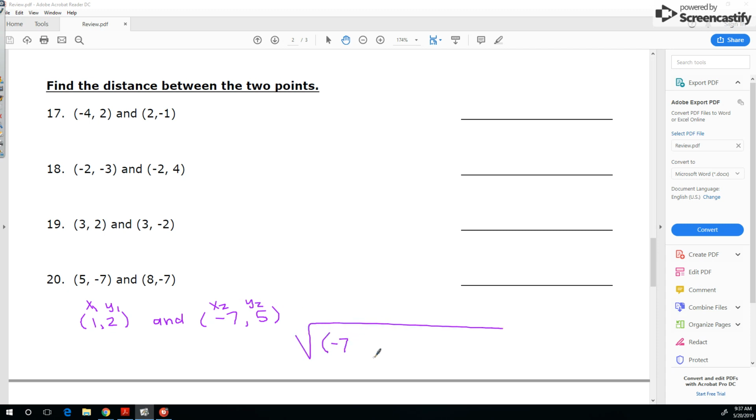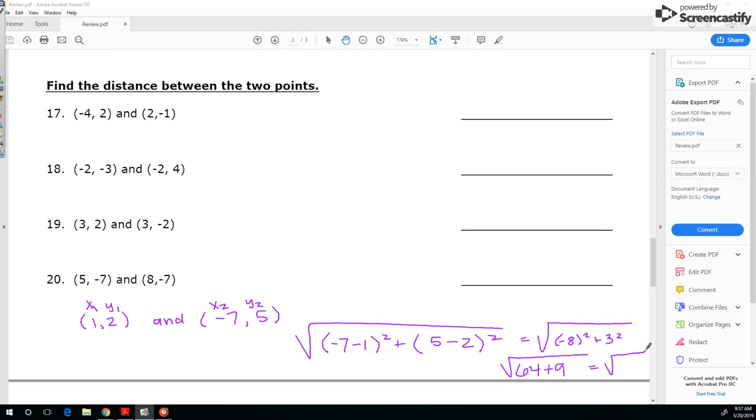Okay, x2 minus x1 squared plus y2 minus y1 squared. So that becomes -7 minus 1 is -8, and 5 minus 2 is 3. -8 times -8 is 64, and 3 times 3 is 9.